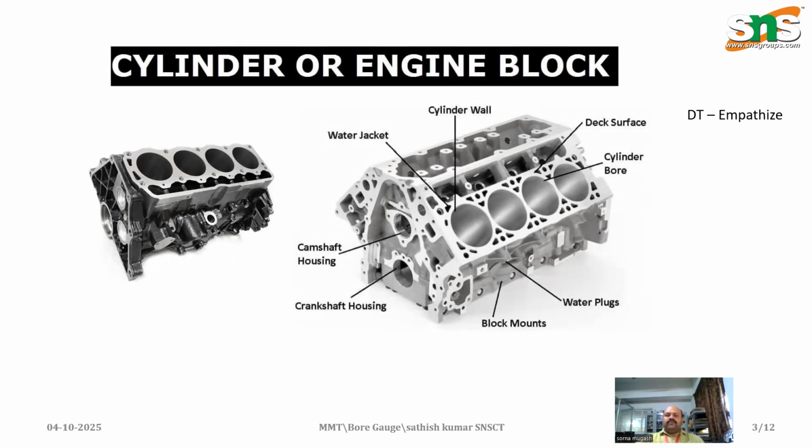You all know well that any automobile component will have a heart, that is the four-stroke engine has an engine block or a cylinder where the energy is transferred from fuel and the piston is moved and the crankshafts are rotating so that we are getting the power for the engine.